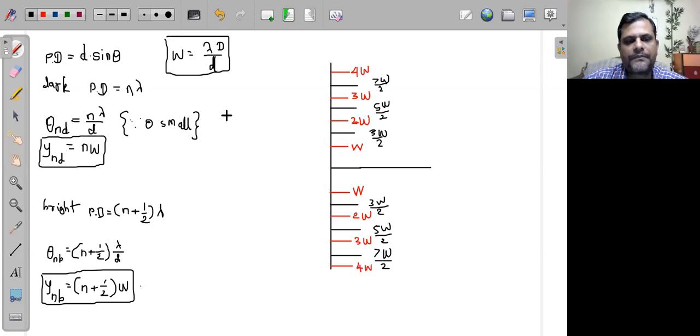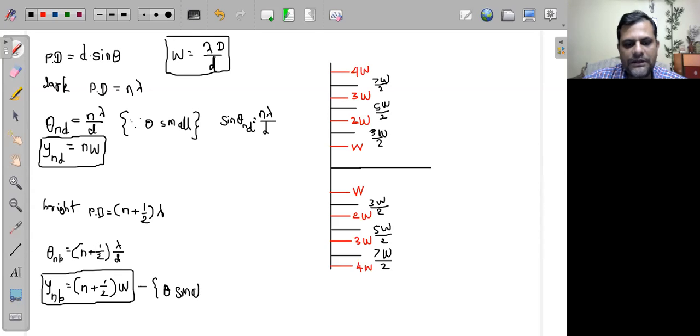But if it is not, then we have to use sine theta ND, which must be equal to n times lambda upon small d. And here also, for using this formula, theta should be very small.